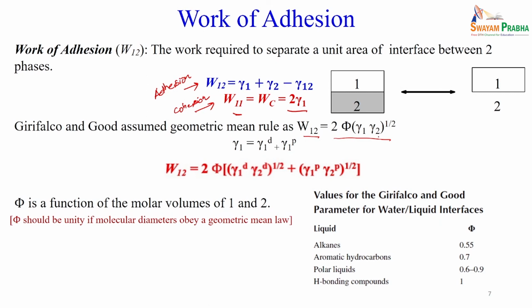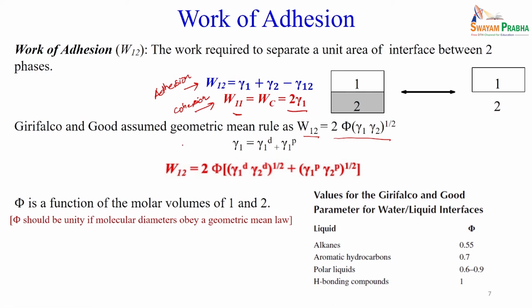Similarly, gamma 2 will be gamma 2 polar plus gamma 2 dispersive. So, we can expand again: W12 is 2 psi times gamma 1 dispersive gamma 2 dispersive to the power half plus gamma 1 polar gamma 2 polar to the power half.